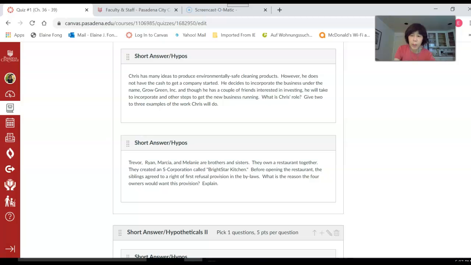Well, certainly he would be looking for investors. He has a couple of friends already, but he would probably be looking for more investors. He would be trying to set up his corporation.